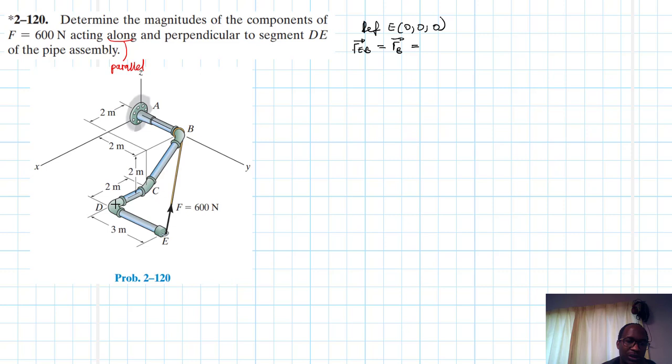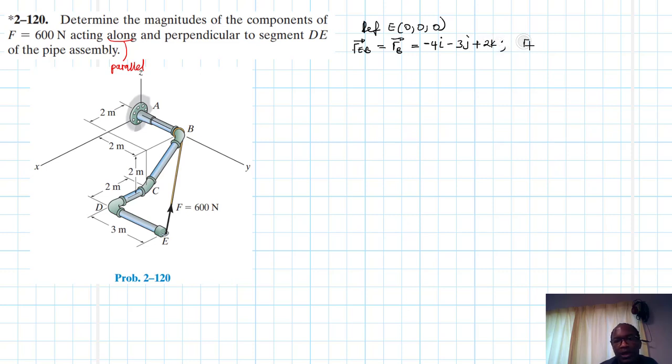The X component is 2 plus 2, so that is negative 4 because E is our reference. Then in the y-axis, with respect to E, it is negative 3j, and in the z-axis it is plus 2k.